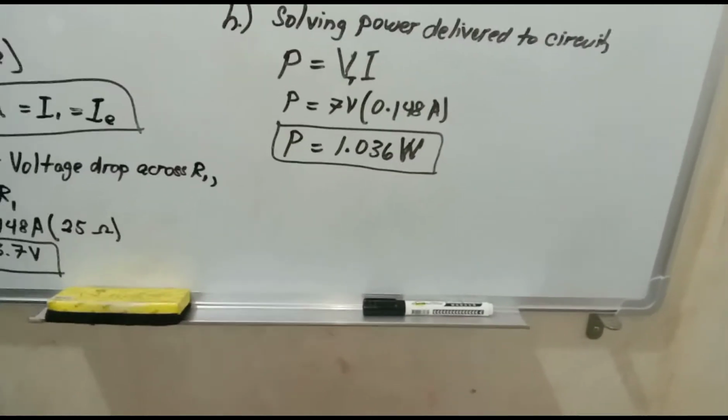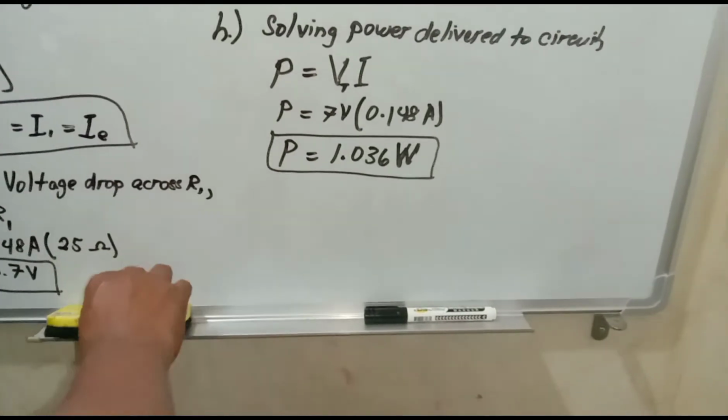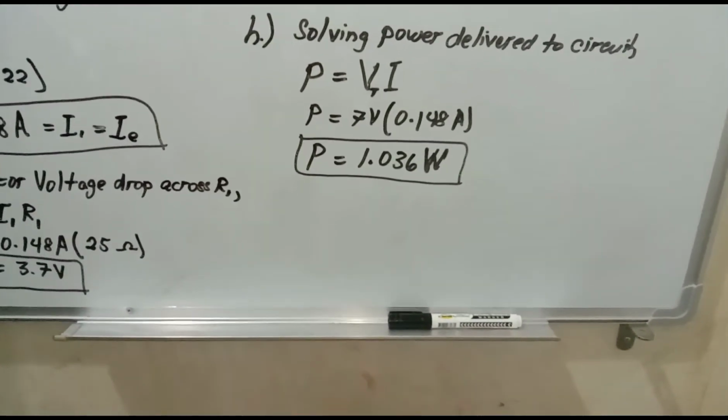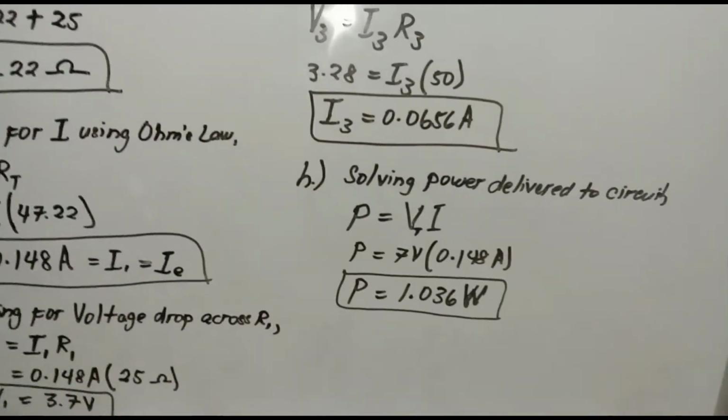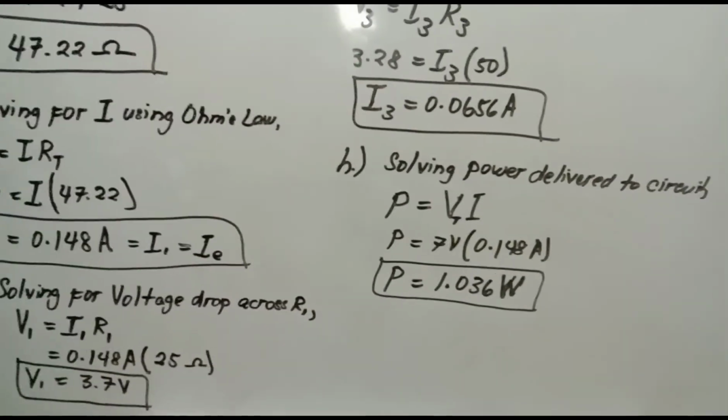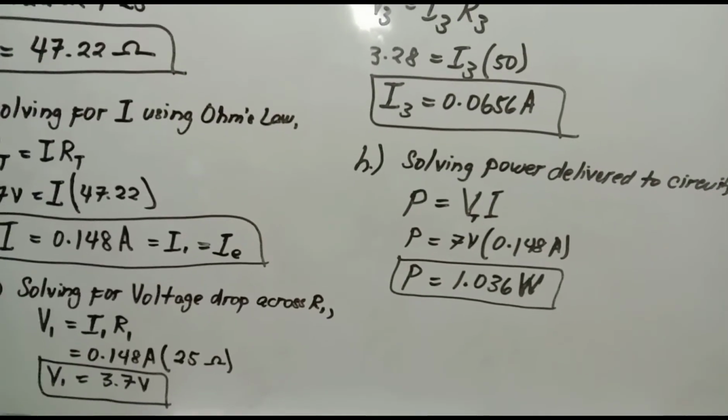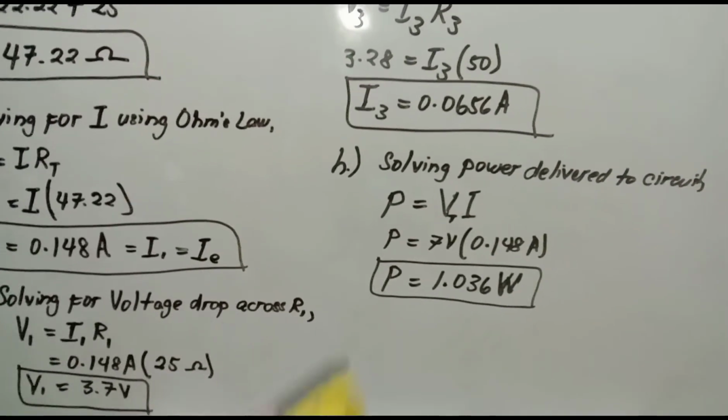Now, the other requirement: we need to solve for the power dissipated across resistor R1, and so on for R2 and R3. So again, guys, let me write somewhere here.